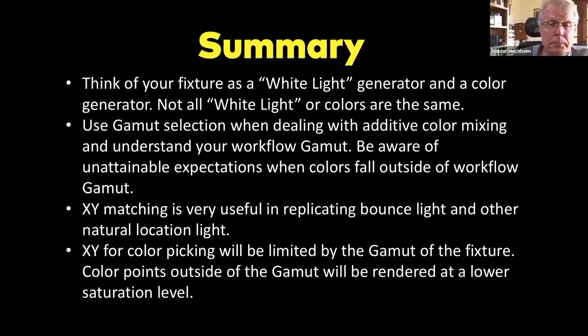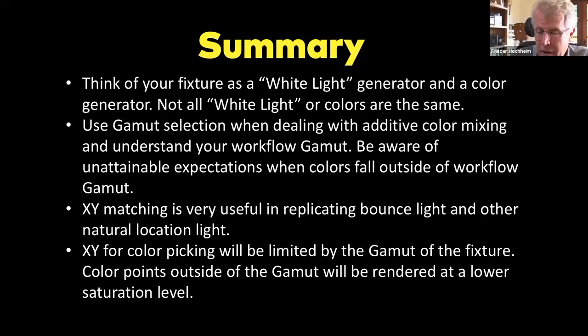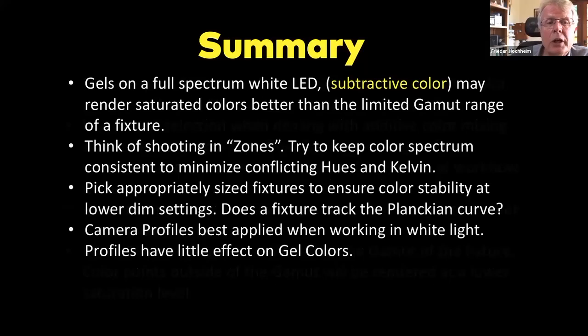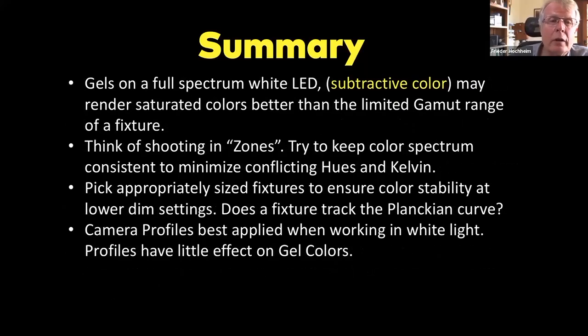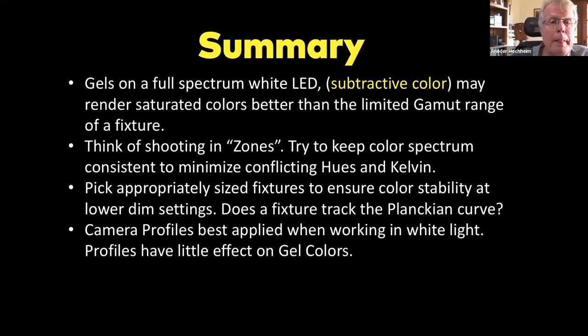The XY is going to be limited by the gamut of that fixture. And keep in mind what I talked about with gels, if that was going to be really important. Gels on a full spectrum white light, or subtractive color, may still get you somewhere you're not going to be able to get other than through either an HMI source or a tungsten source.